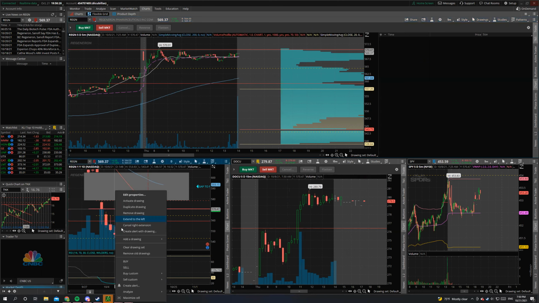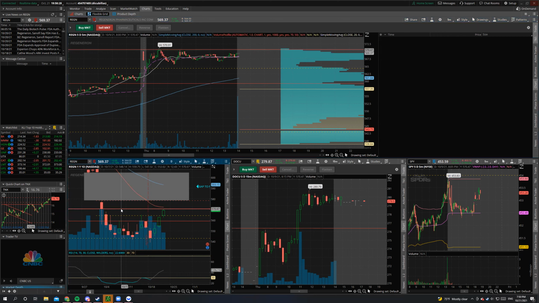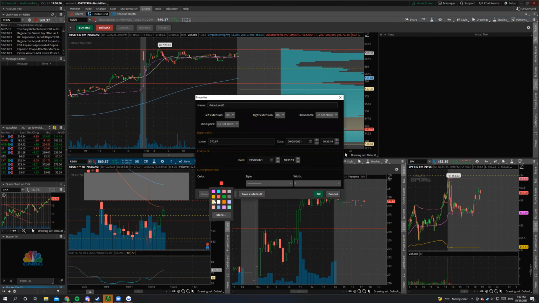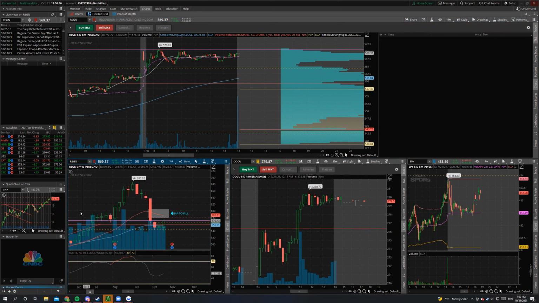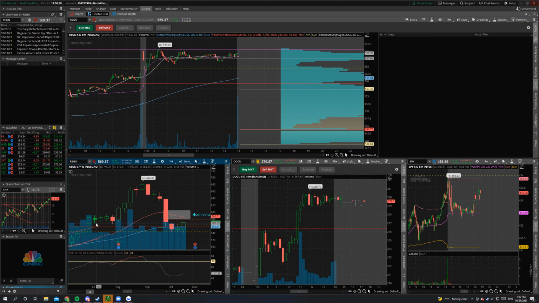If I go extend this line to the left, and I'm just going to put it with this purple right here, and I go to the weekly, does this line have a lot of power to the left? Look at it, it's a lot of power. This was support back here, support right here, right here, right here.